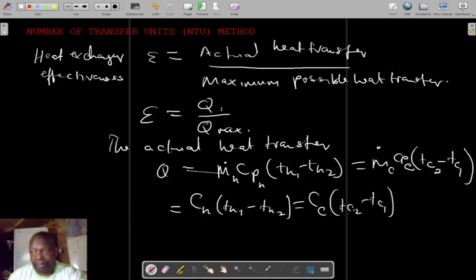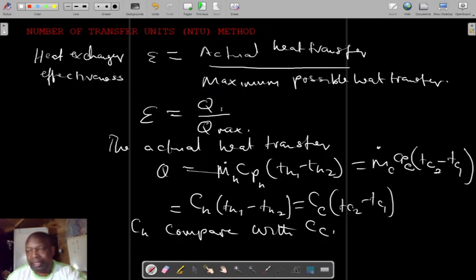Now, by comparing Cc and Ch, definitely there will be one that is bigger than the other. The bigger we'll call C maximum, and the smaller, C minimum.